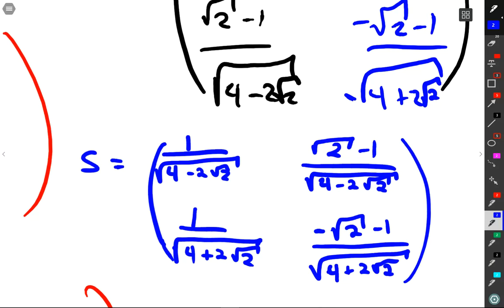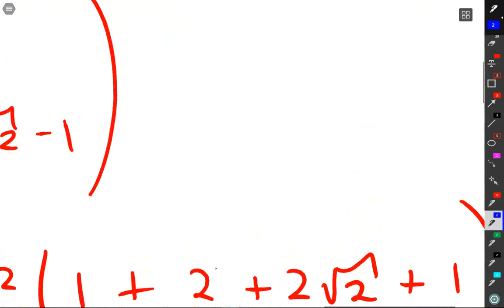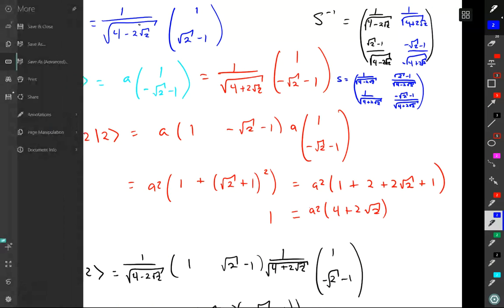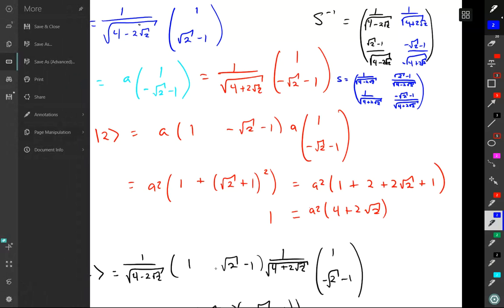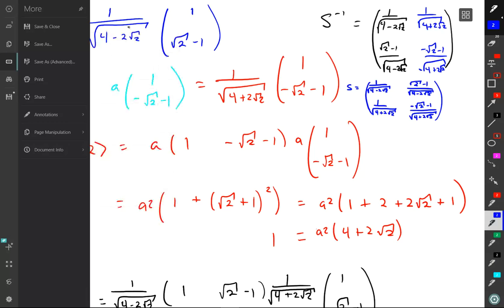Now this is so ugly, I don't want to continue the math. But what we can do now is we can take this and I'm really going to have to add another page to this, just one. We can now put our Hamiltonian prime is equal to S Hamiltonian S minus 1 equals, oh, I don't want to write that.